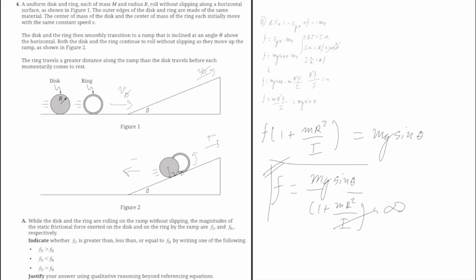Actually, that will make the force of friction more, because if I'm increasing the denominator, I'm decreasing the overall number. But if I'm eliminating this term, then I'm increasing the number overall. So more moment of inertia means a more static force of friction.